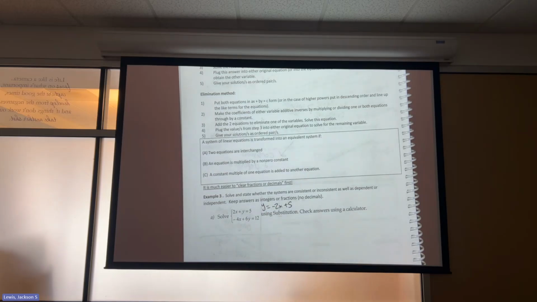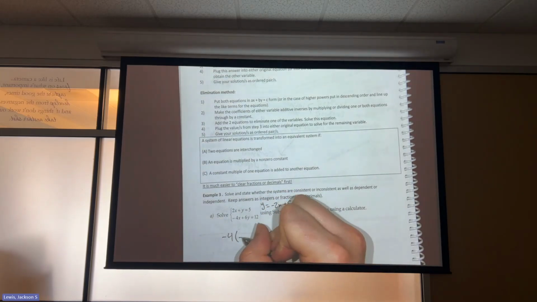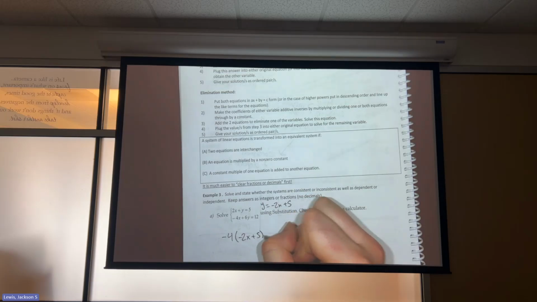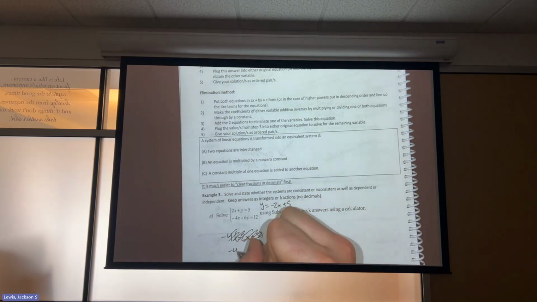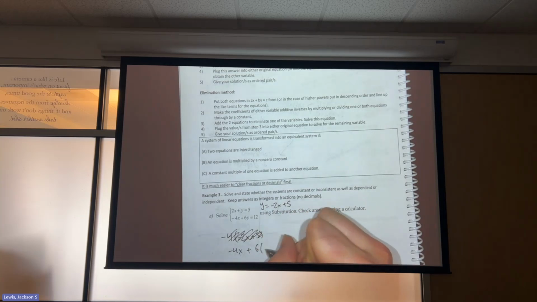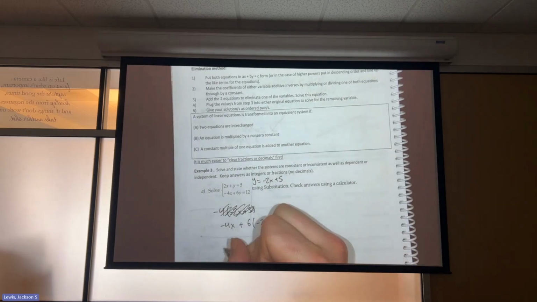I'm going to plug this into the bottom equation. Negative 4 times negative 2x plus 5. Oh, that's x. My bad. Negative 4x plus 6 times negative 2x plus 5 equals 12. So this is just an equation in one variable, and I can solve for the variable.